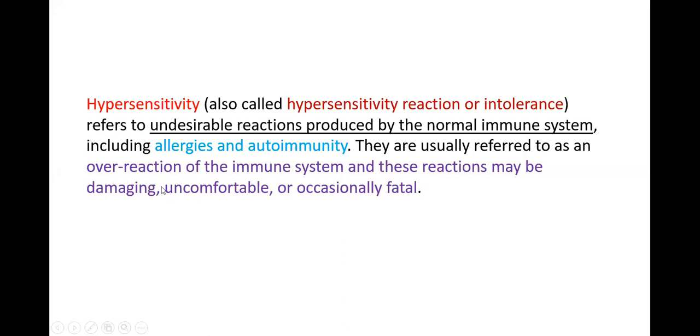So a classical example of this hypersensitivity or overreaction: I don't know if I'm blaming some students or not. For the past few classes, let's say our class is a normal immune system, normal immune cells. We are seeing one corona guy jumping in and speaking some nonsense in the class. Maybe he's part of our class or it's Zoom bombing, some other guy coming. But it's a classical example that our own immune cells, like me and you, are immune cells, but one of us is a hyperactive, overactive immune cell, and he makes a nuisance. That's fine, hypersensitivity.